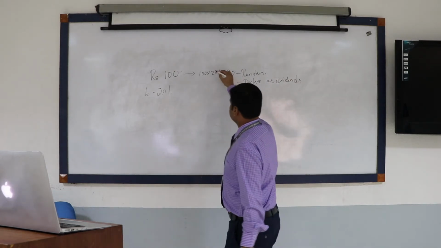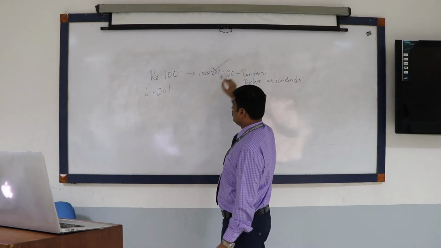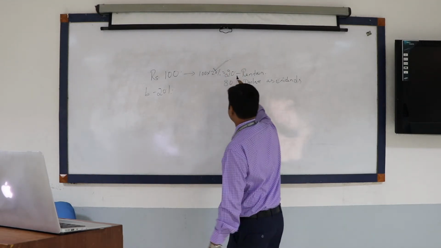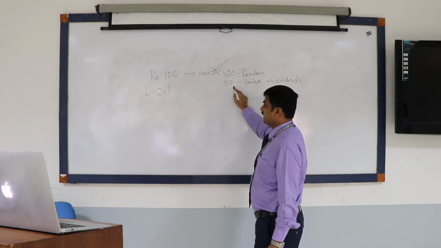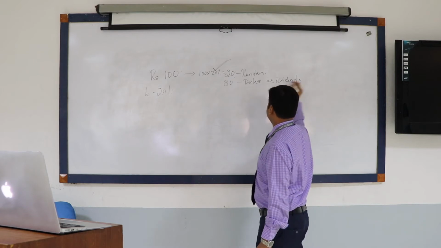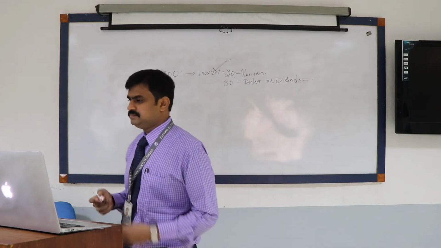This is called the retention ratio. 20% is the retention ratio. Out of 100 rupees of earning, 20 rupees I keep as retention, and the remaining 80 rupees I give to shareholders as dividends. Is it clear? That is B.